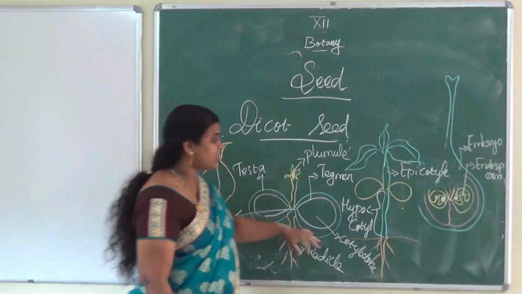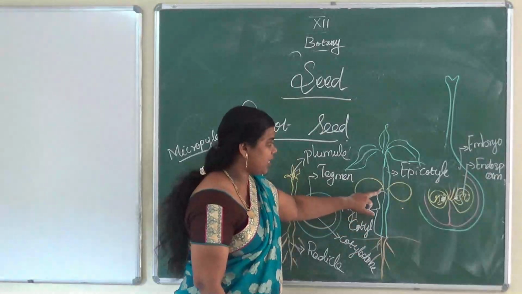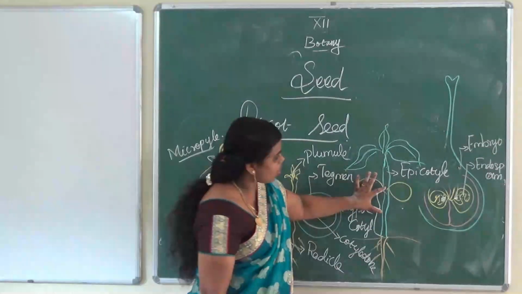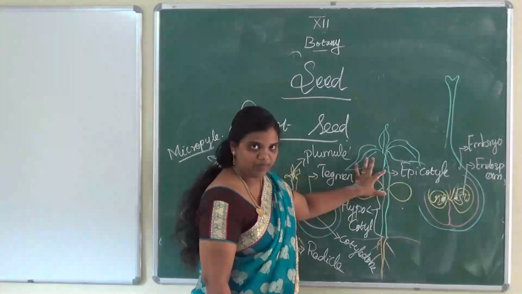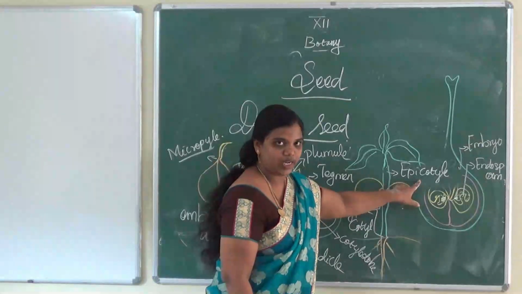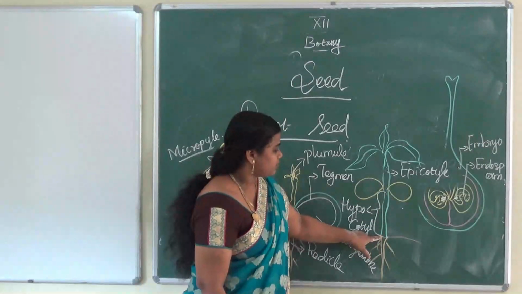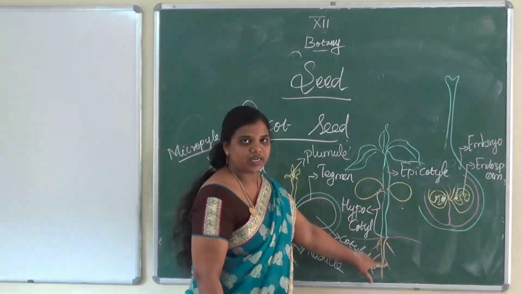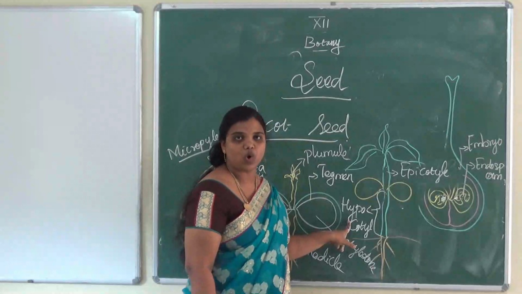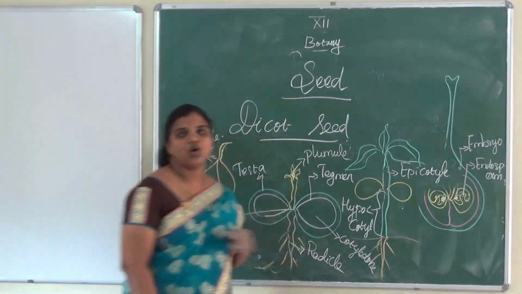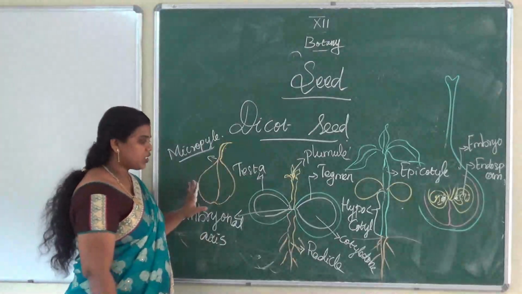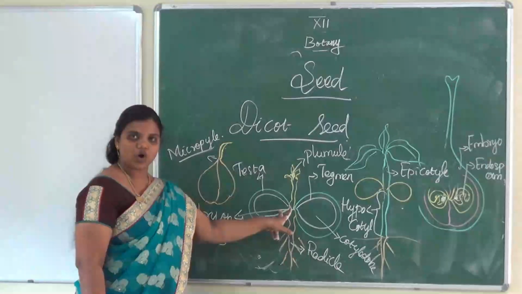And then the cotyledon. Above the cotyledon level is known as epicotyl, and the cylindrical portion in between the cotyledon and the radicle is known as hypocotyl. The dicot seed forms two cotyledons.